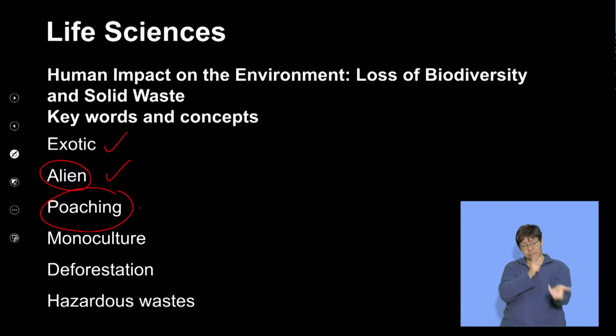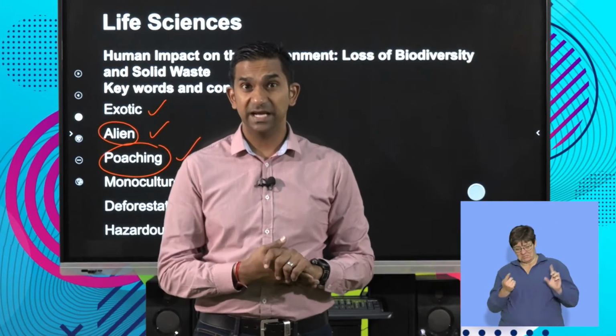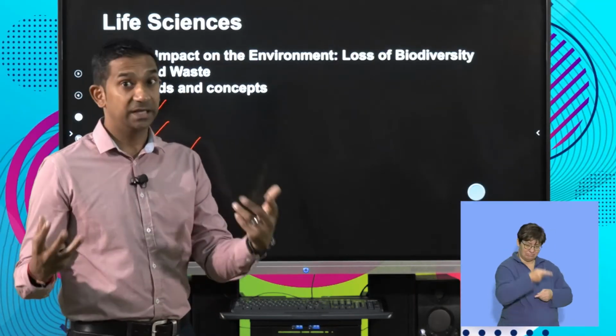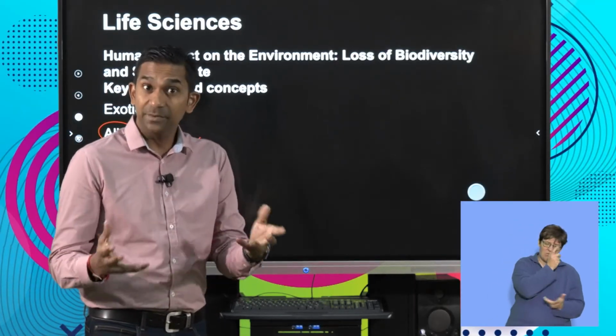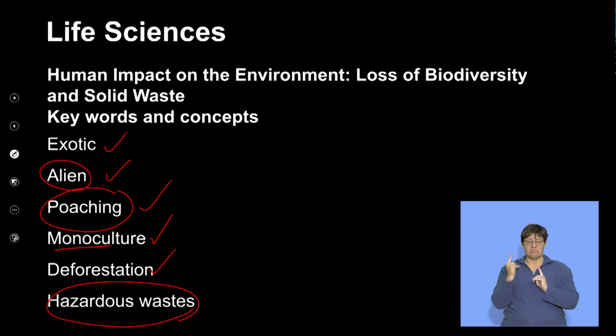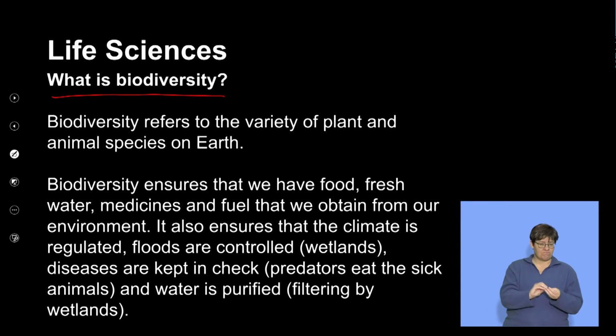Poaching is relevant to South Africa, knowing that poaching has affected many indigenous species, and the demand for international trade of these poached items, either rhino horns or abalone, for example. Monoculture to sustain human needs, the impact that deforestation has, as well as, as I mentioned earlier, the disposal of hazardous waste.